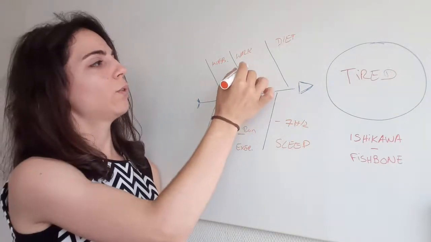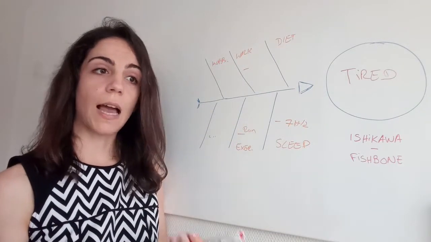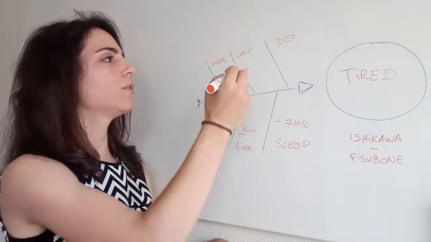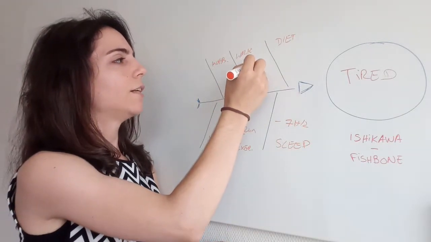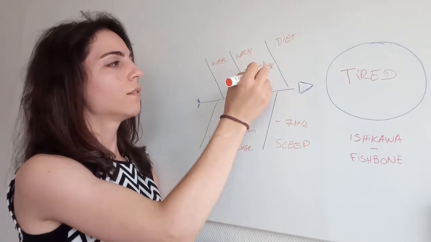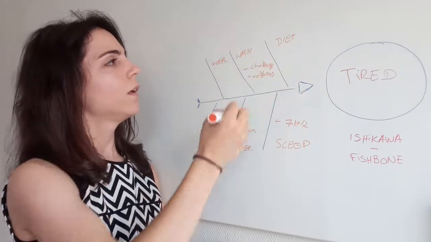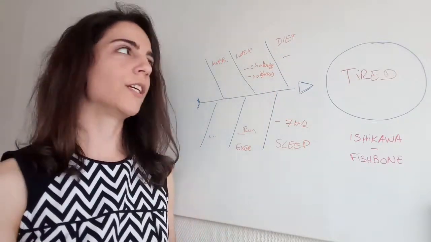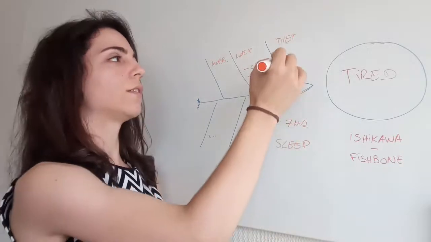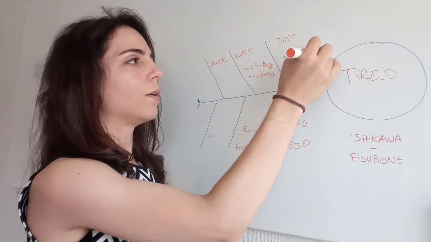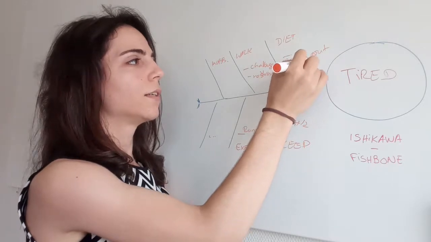Then for example, here work, let's say that you actually have good challenges, but that you don't feel that stressed out about it. So you say, I don't know, challenged, but no stress. And let's say that then on your diet, because you are rushing everywhere, you're actually eating out a lot. So eating out a lot.